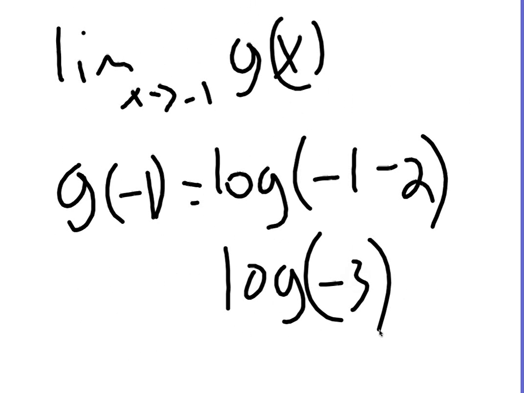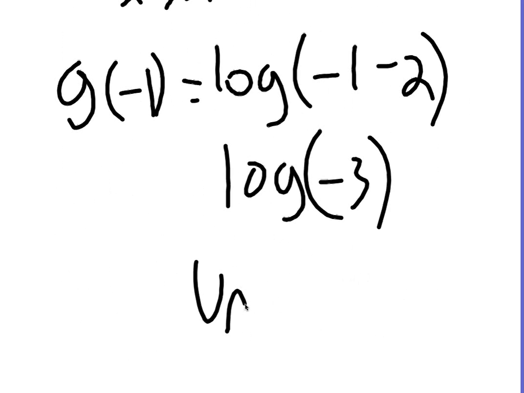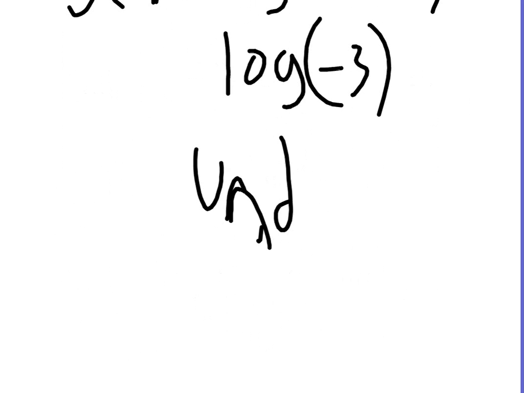That doesn't exist. You can't take the logarithm base 10 of a negative number. It doesn't work. And since that is undefined, the limit is going to be undefined as well.